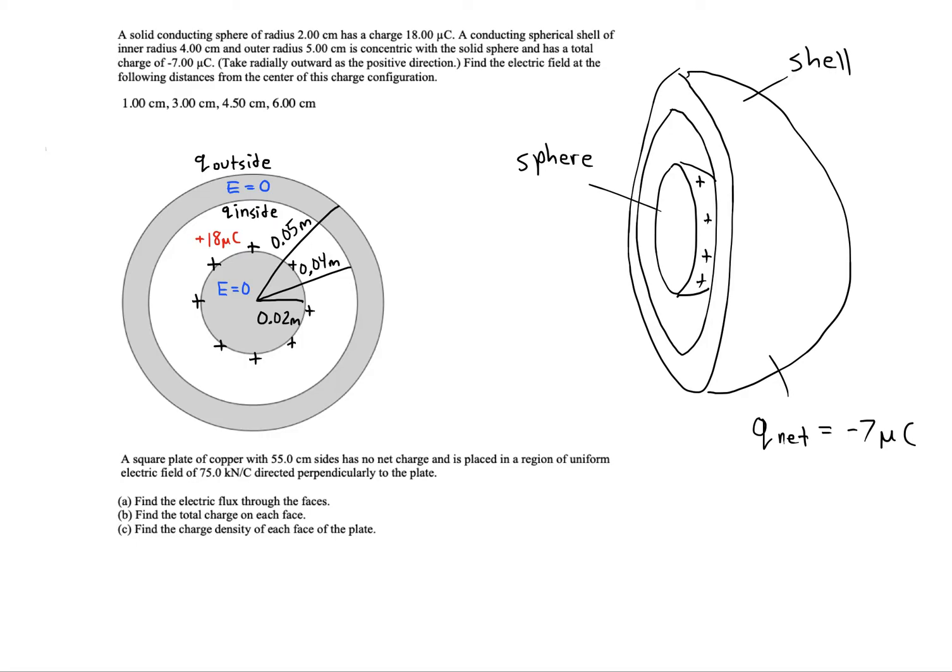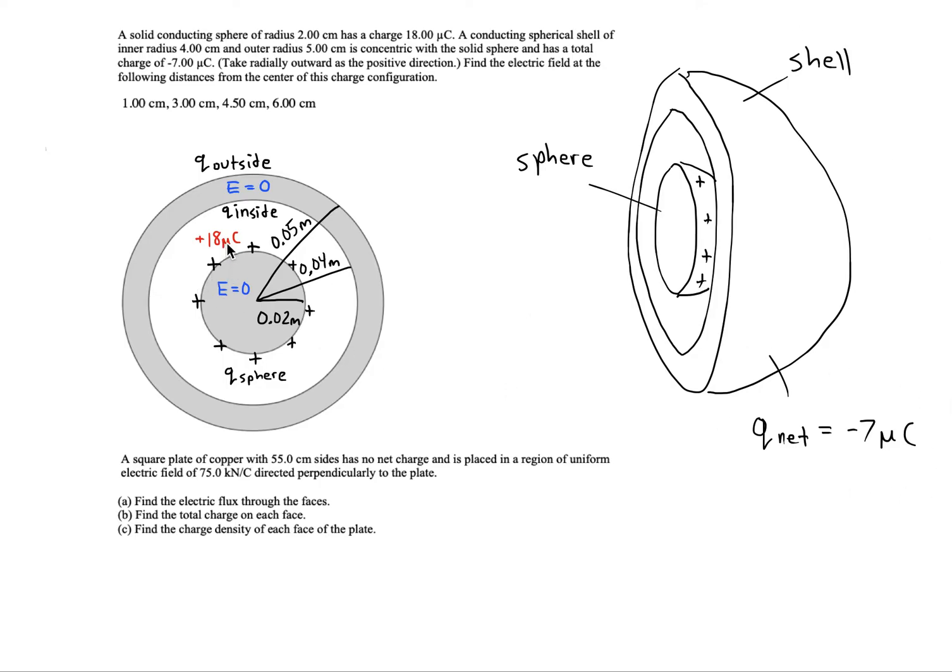But here's one thing we will always find with this type of setup. If we have a certain amount of charge on the sphere, call it Q of the sphere, we'll always find that the Q of the sphere is the same size as the Q on the inside shell.